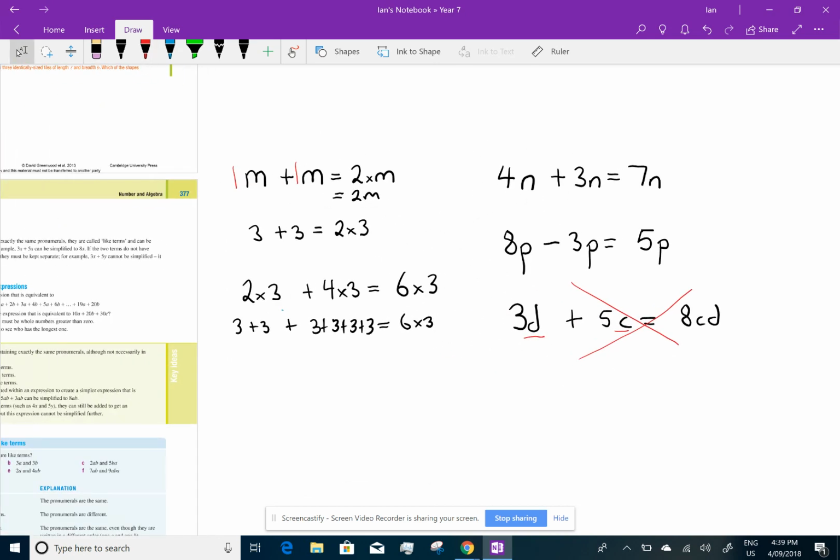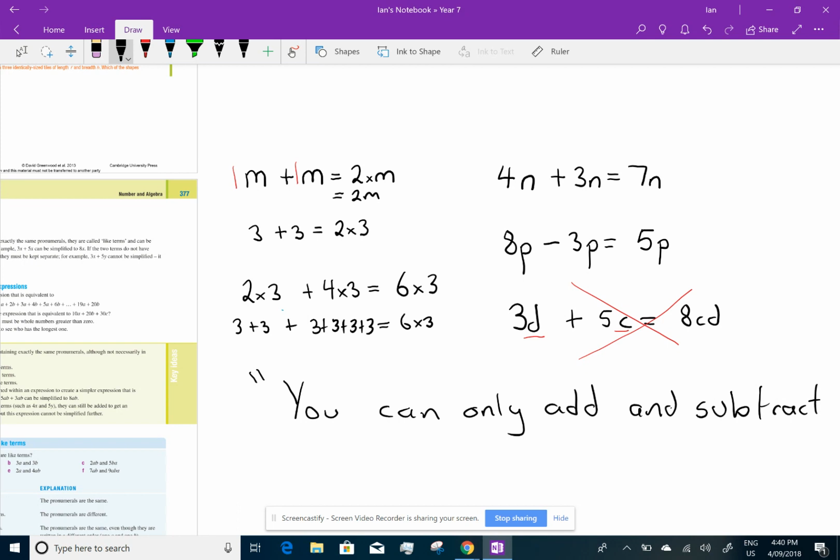So in your books, the golden rule, and this is very important, make sure you write it somewhere: you can only add and subtract like terms.